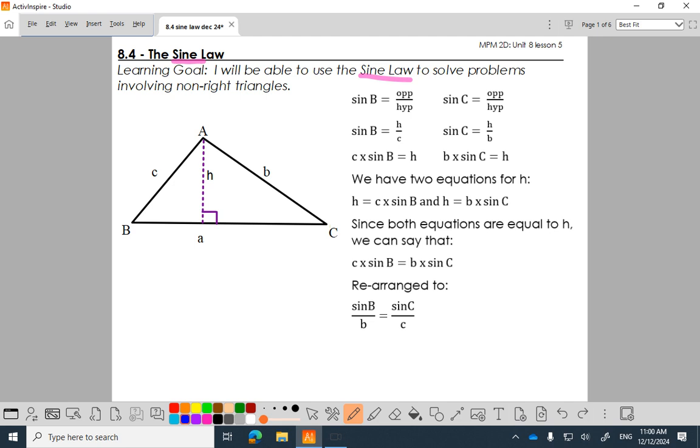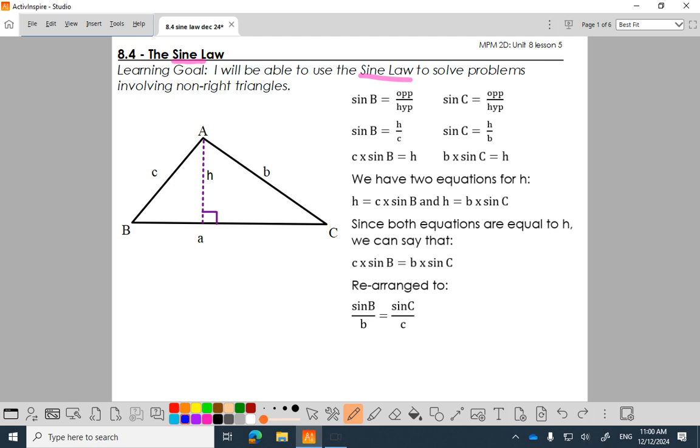Okay, so when numbers are written on top of one another, we call that a ratio, right? So if we drop a height and cut this triangle and make a right angle, then we can use SOHCAHTOA if there's a right angle. So if you do sine of angle B, that would be the H side over side C, or the hypotenuse.